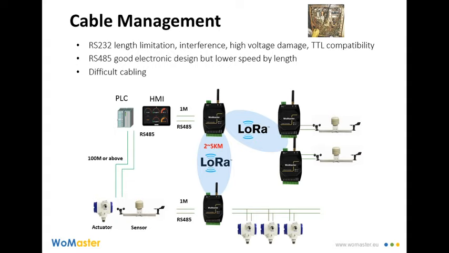Take an example. In the past, just imagine the HMI connects to the sensor directly by wire. And the HMI is polling the Modbus ID 10 for the data collection from the sensor.